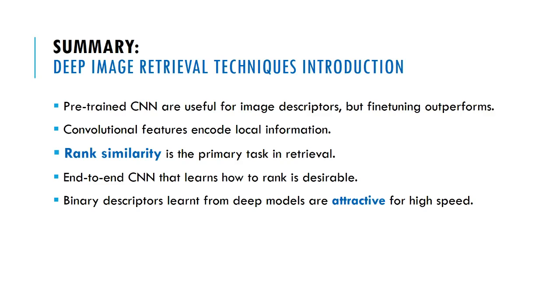If you have rich annotations, you can just use those directly. So it really depends on the task and the resources involved. And then finally, we talked a little bit about a practical issue on speed. Binary descriptors are really great, but learning them is even better, and they're extremely attractive for high speed. So that's the summary of the techniques.